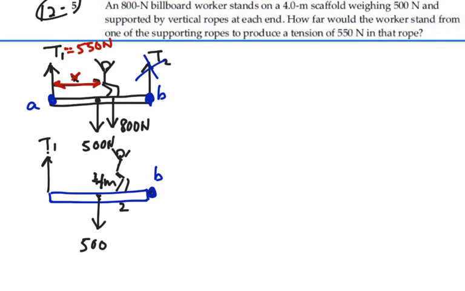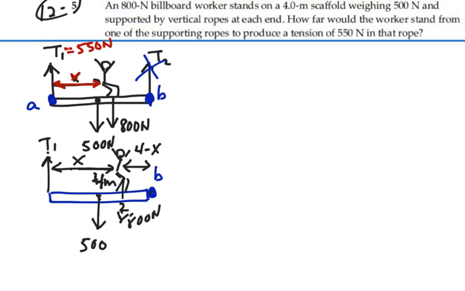And what is his distance from point B? Well, he is x distance from the left-hand side, from point A, and the whole scaffold is 4 meters long, so the distance from point B is going to be 4 minus x. Alright, so that'll be our moment arm for the weight of the person, which was 800 newtons.